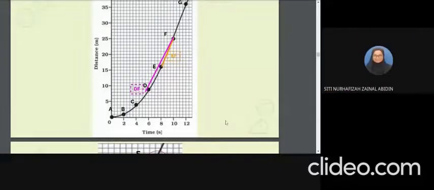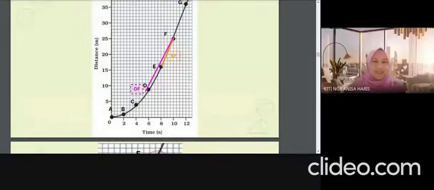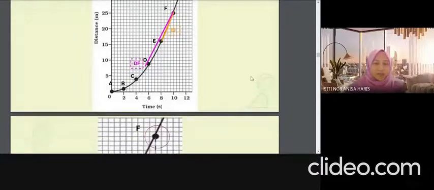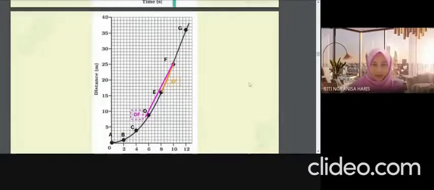What is h? The interval value. Yes, correct, the interval value. For example, here we will compare the interval value between the two secants, which are EF and DF. The EF is in the orange color, and DF is in the pink color.